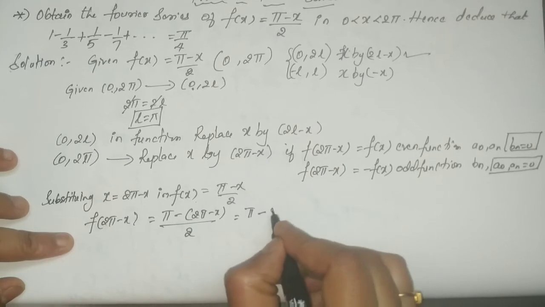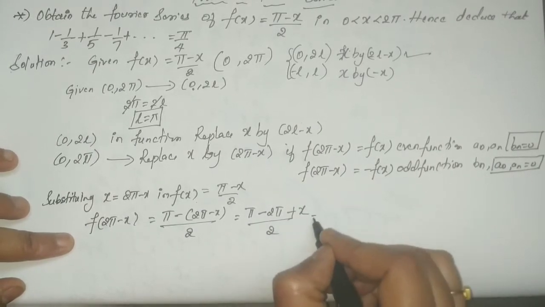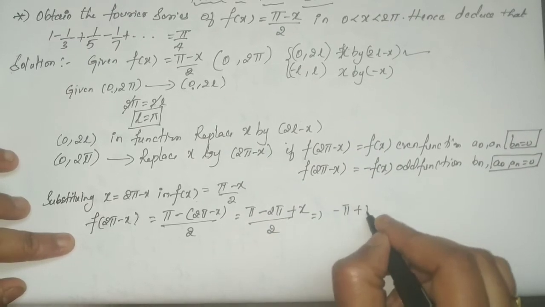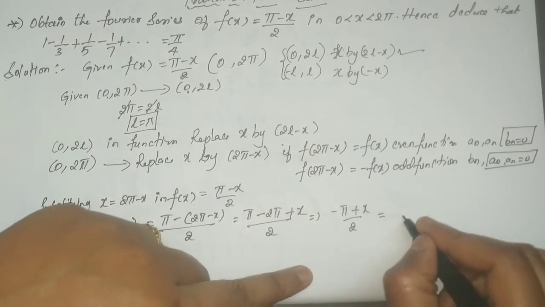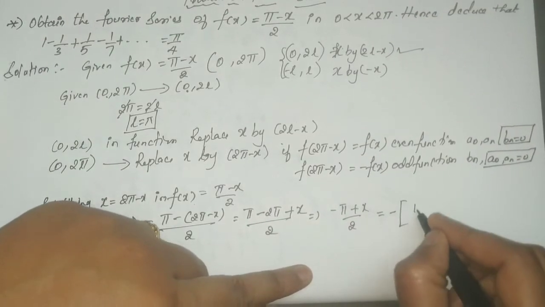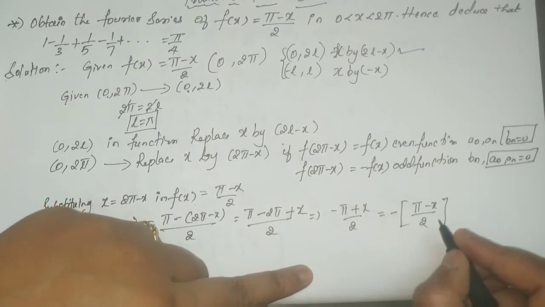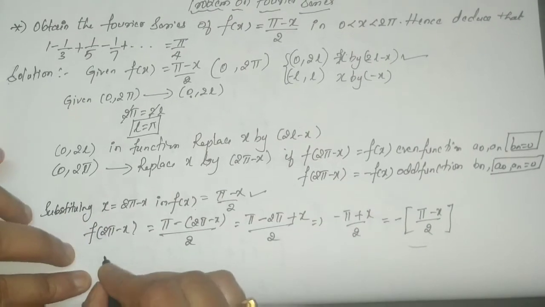So it is pi minus 2 pi plus x whole divided by 2. Pi minus 2 pi is minus pi plus x whole divided by 2. I can also represent this by taking a negative sign outside. So it is minus of pi minus x whole divided by 2.